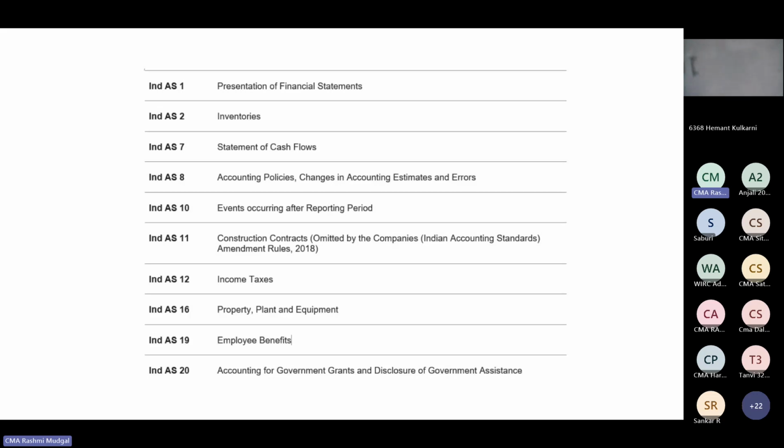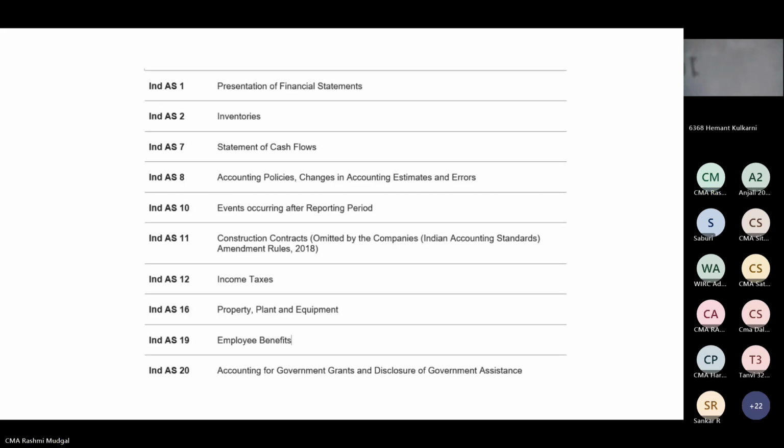In Ind AS 7, there was the statement of cash flows, where we see what liquidity the company has and what liquidity we are getting from operating activities, from investing activities, and from financing activities.